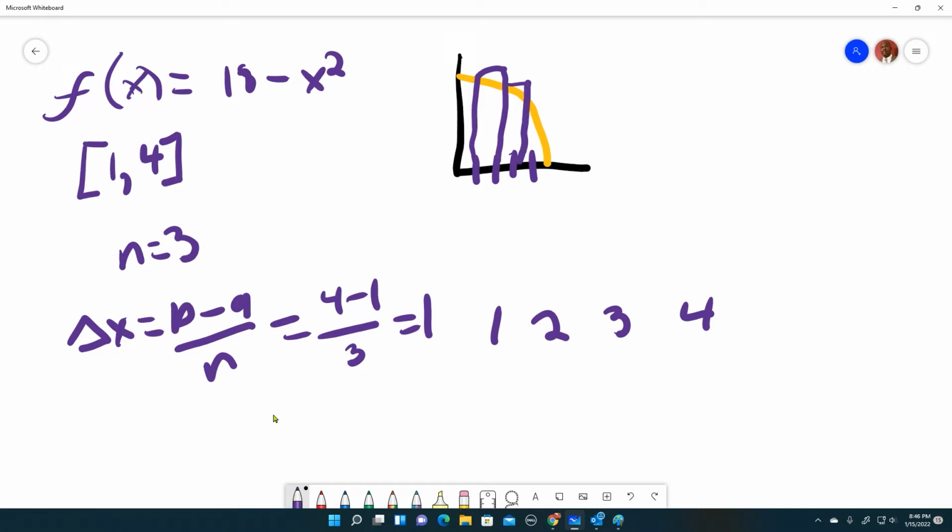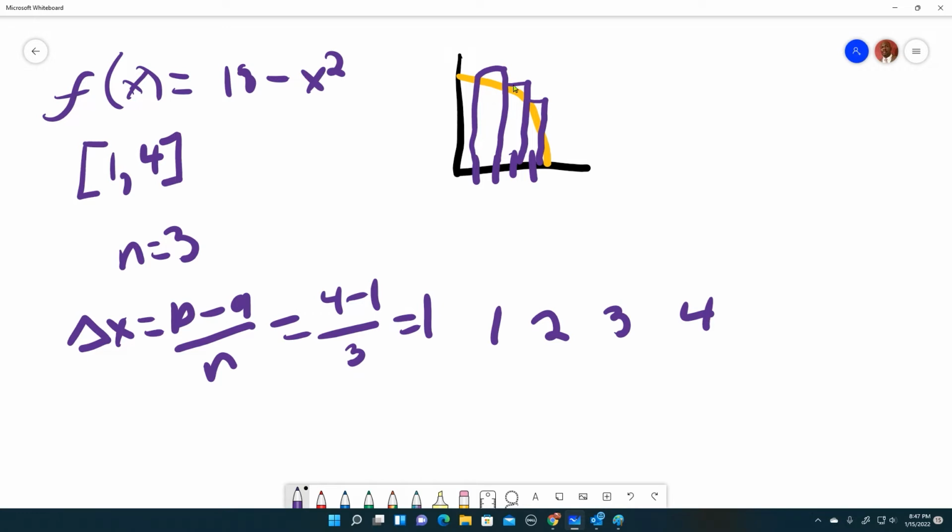And then when I hit it from 3 to 4, I'm going to hit it at 3. A little sloppy on the drawing there, but I think you get the picture. And so we can see here the problem with this particular estimate is it's going above the curve. So it's going to be an overestimate. It's going to give us a number which is greater than 33.